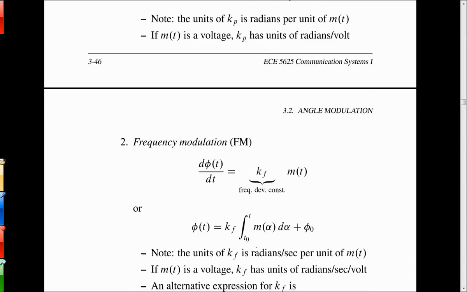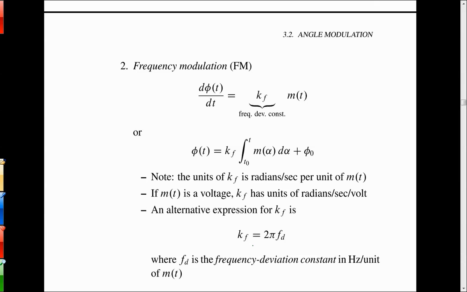Frequency modulation is where the message is made proportional to the frequency deviation. So d phi dt is kf times m of t, where the deviation constant would have units of radians per second per unit of m of t.